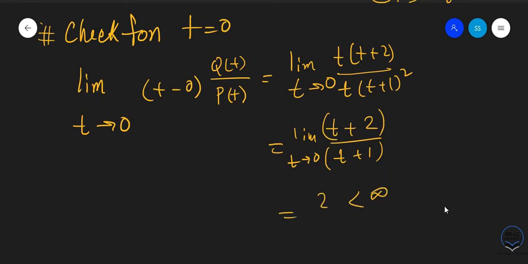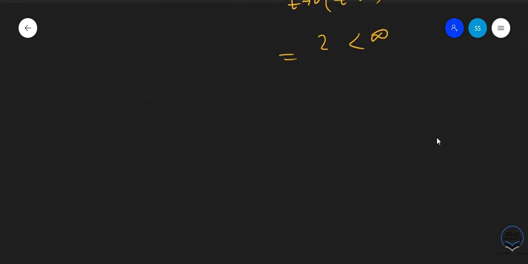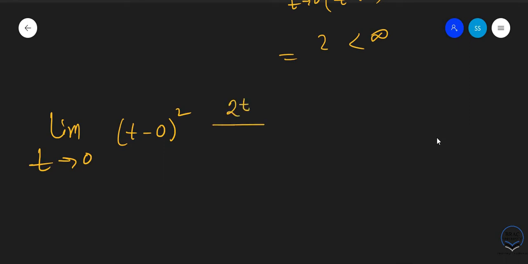So that's good. And now there was another condition, and for that condition you have to do t goes to 0 and you write t minus 0 whole squared, and our r was simply 2t. And p was just t into t plus 1 whole square.